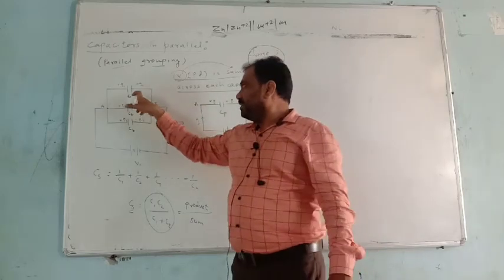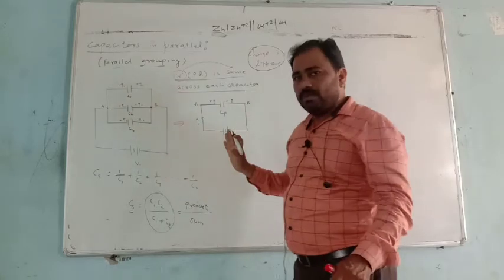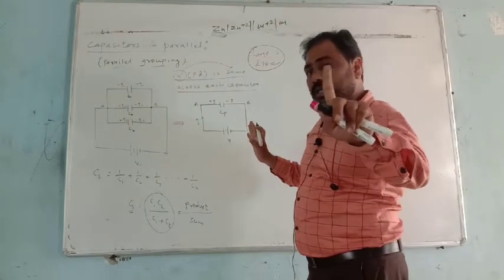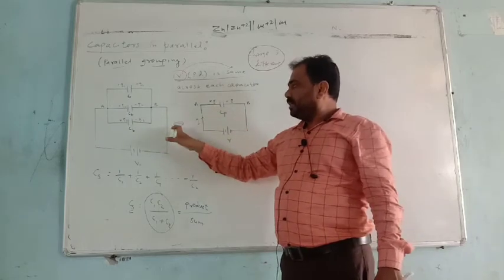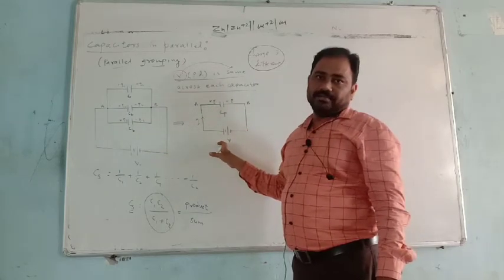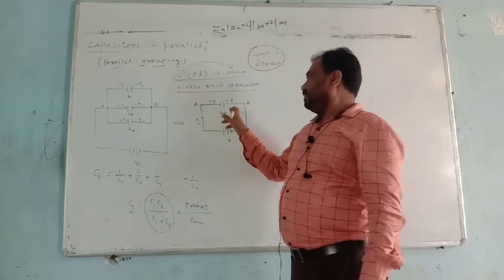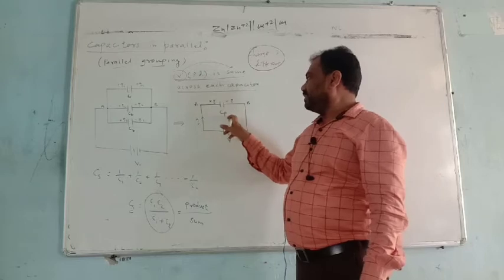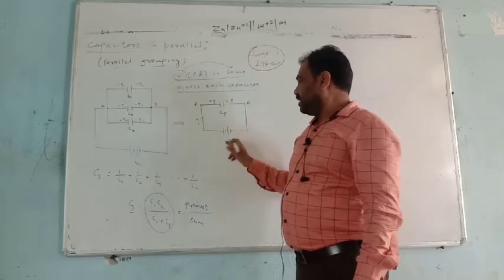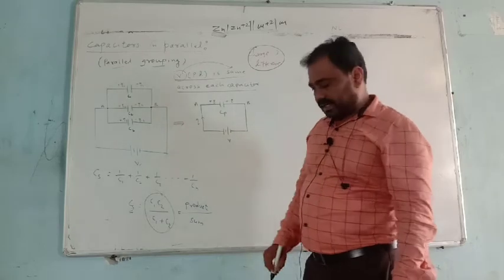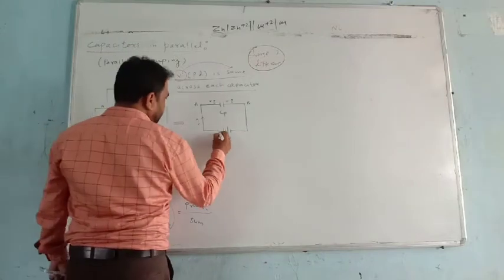So this diagram is equivalent to that diagram. Both diagrams are quite the same, and across this equivalent capacitance there is a potential difference V, having two terminals, positive and negative.